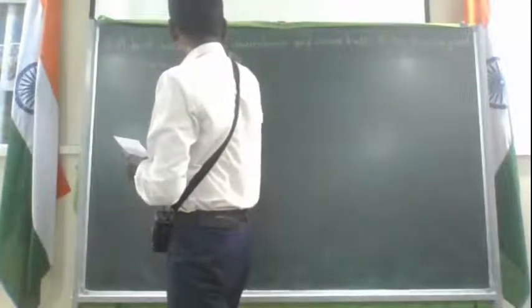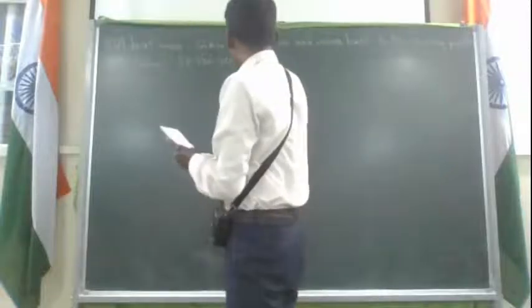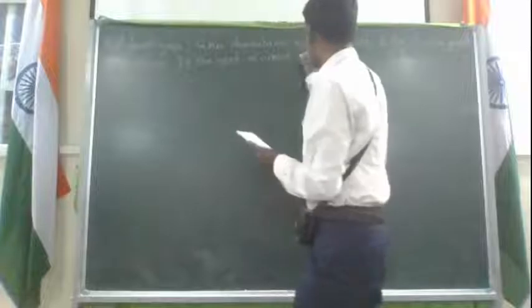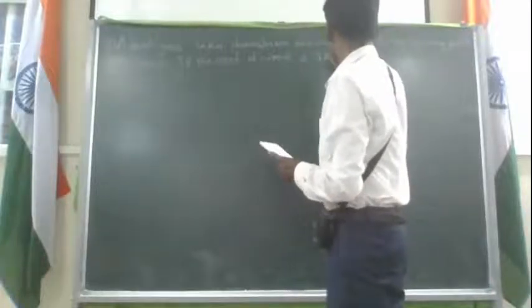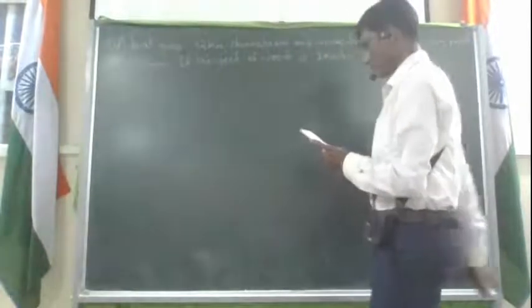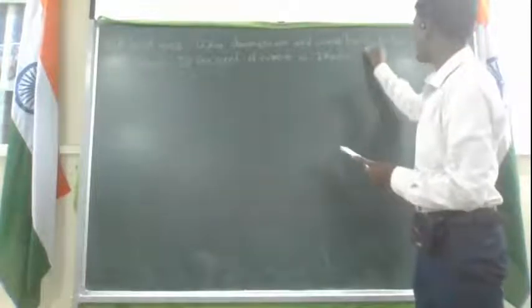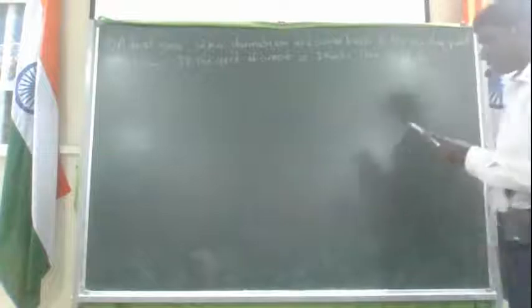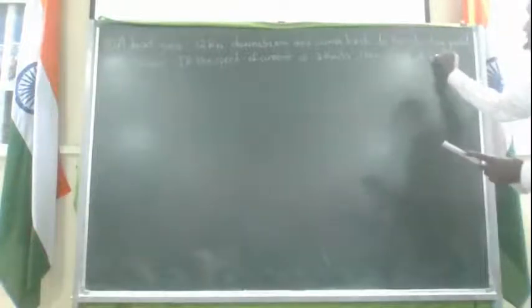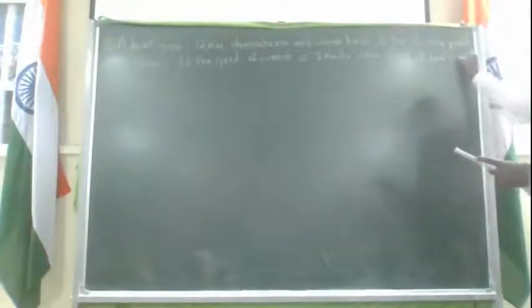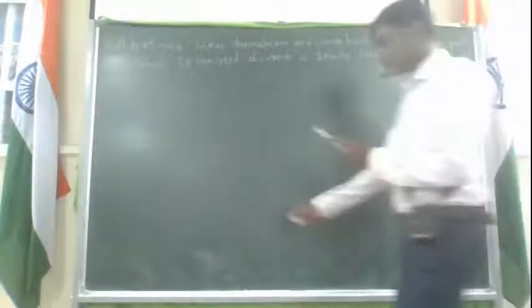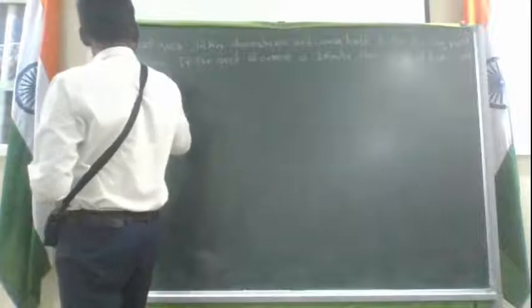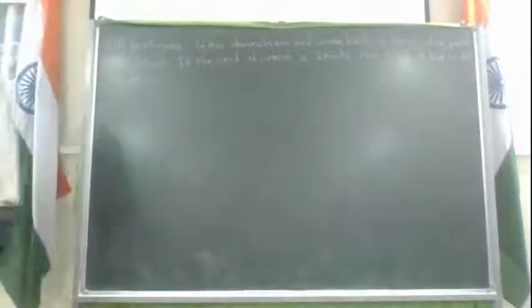If the speed of current is 3 kilometer per hour, then the speed of boat in still water is dash. You have to find this out.